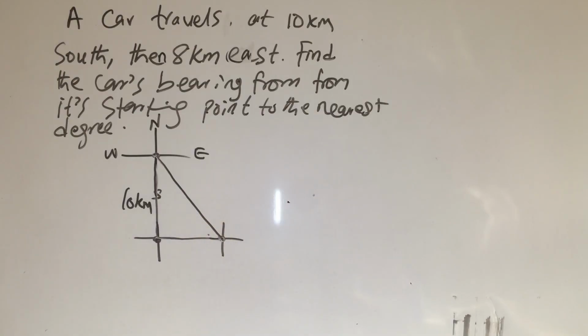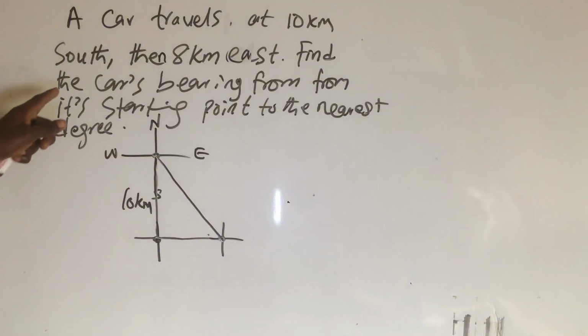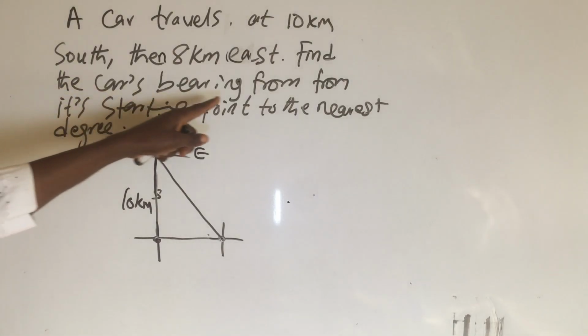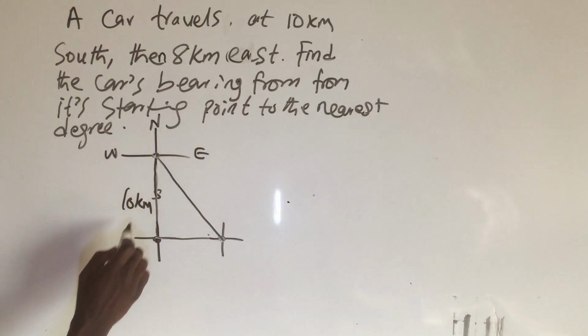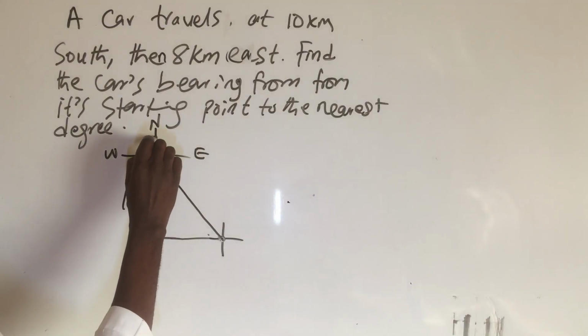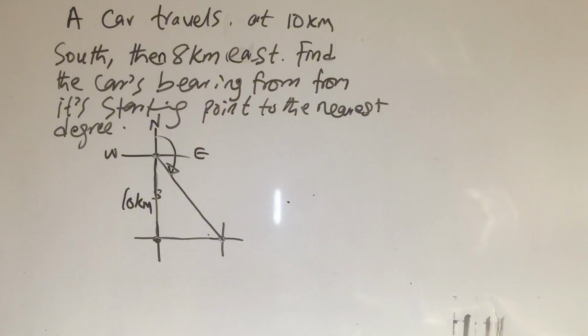So this line now represents the bearing of this car had it started here to move. Now the question asks us to find the car's bearing from its starting point. This is the starting point. So the car's bearing will be from north, to east, and moving again to this line that connects to where the car is right now.